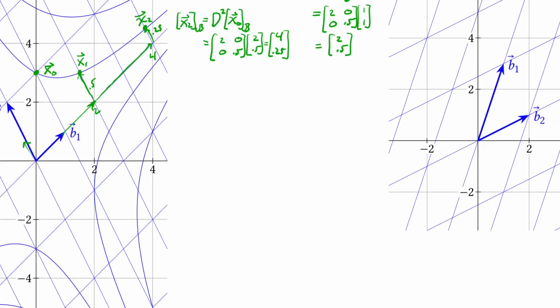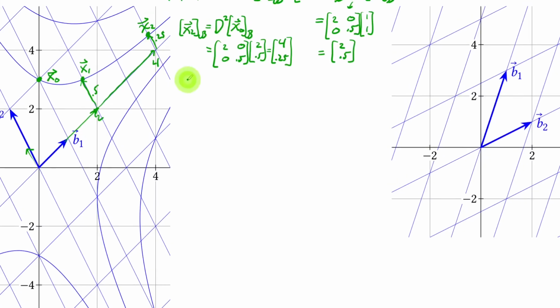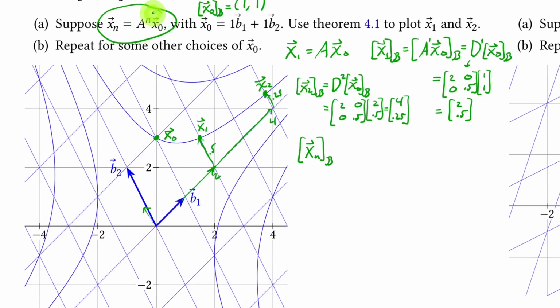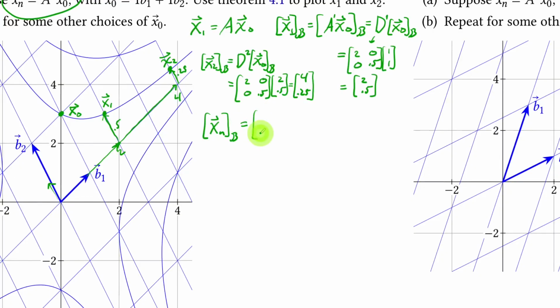Now, the general pattern here looks like this. The B coordinates of xn, which is still A to the power n times x0, is going to be the diagonal matrix with 2 to the power n and 0.5 to the power n times the B coordinates of x0. This is exactly what the theorem says. This is that D to the power n part. And we know what the B coordinates of x0 are. It's just 1 and 1.